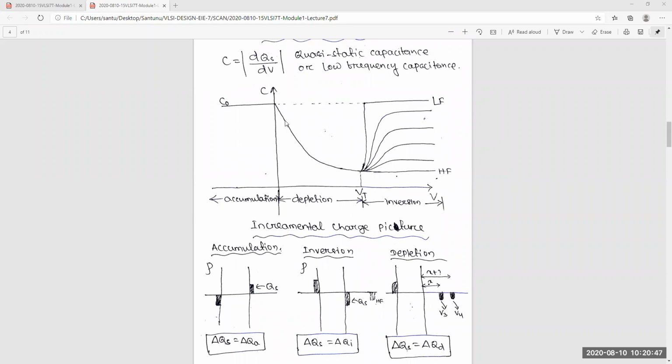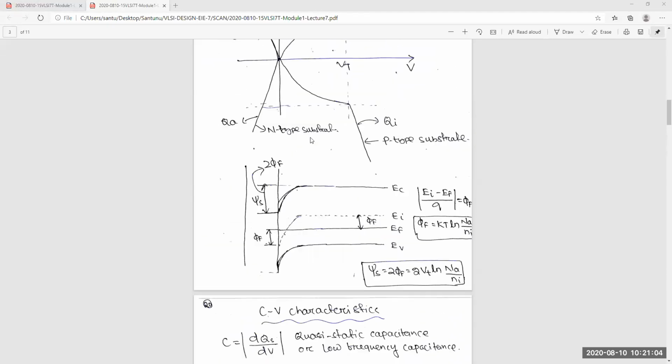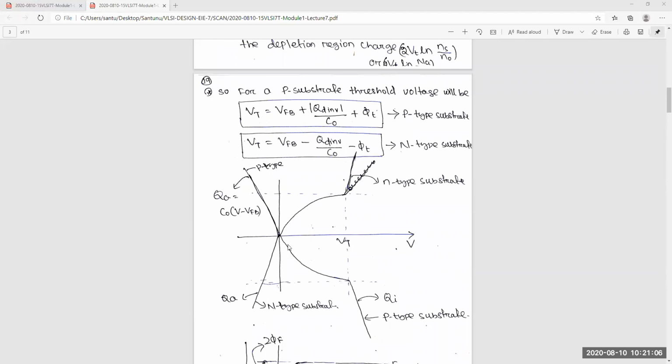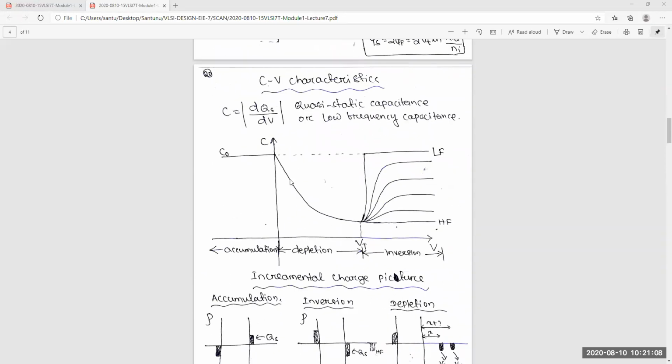But here, this part is nothing but a shape. It's not linear. So that's why we are getting this type of shape here at the depletion region. Okay, this is a combination of two different things. So finally, if you differentiate this part, you will get this type of curve.